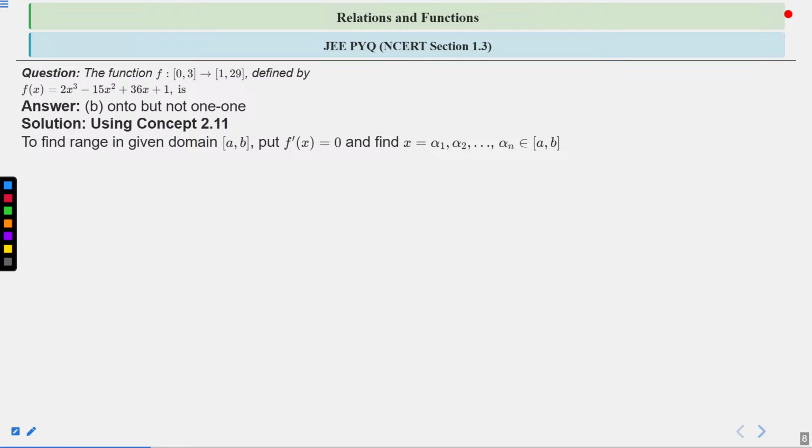To find the range in the given domain [a, b], put f'(x) equal to 0 and find x = α1, α2, ..., αn, the roots that belong to [a, b].